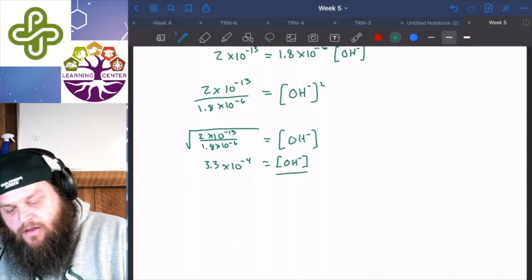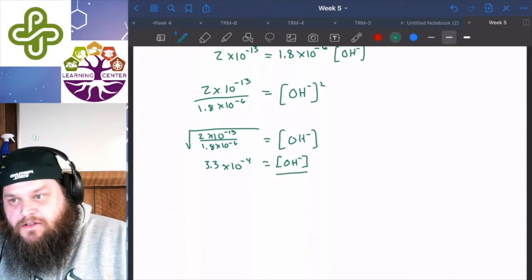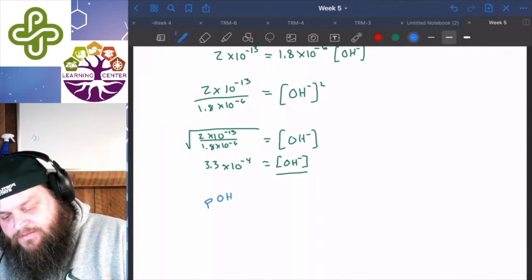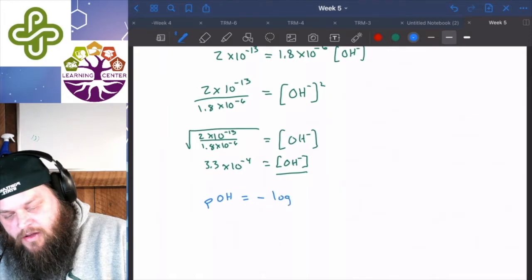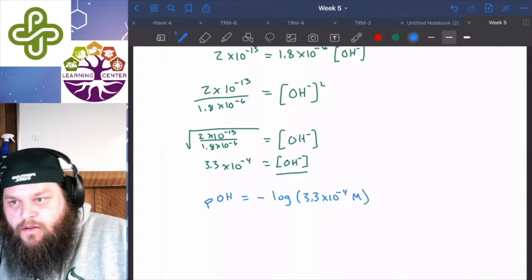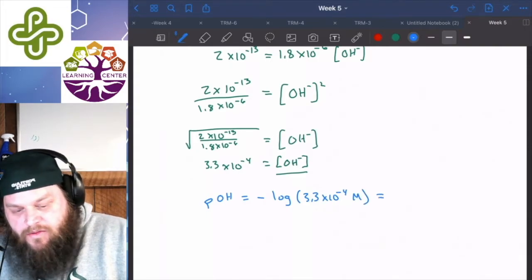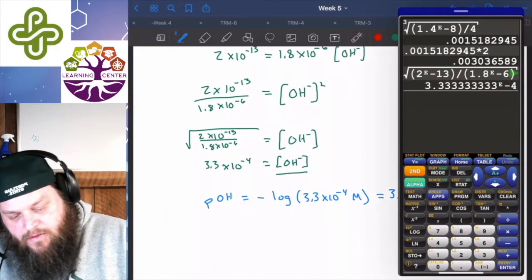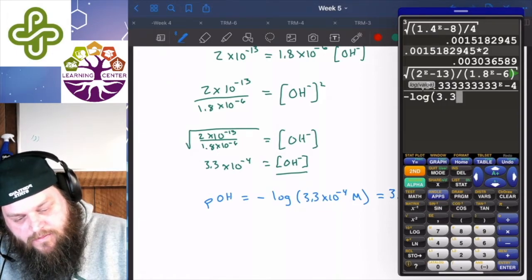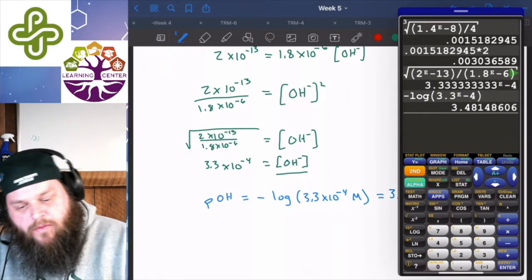Well, we have the hydroxide concentration, so we can calculate from that the pOH, which is going to equal negative log of 3.3 times 10 to the negative 4 molar, which is equal to 3.48. You do the math, negative log 3.3 e to the negative 4. There it is, 3.48.